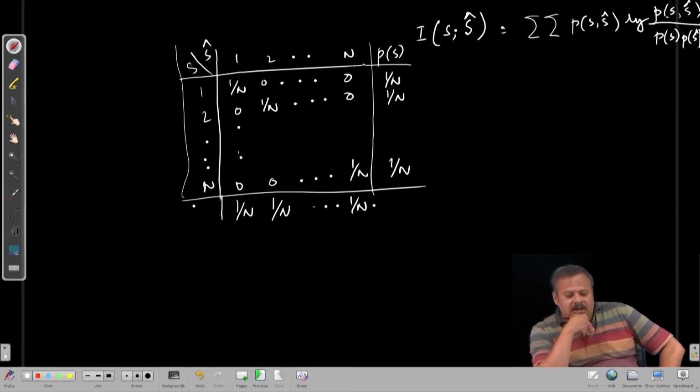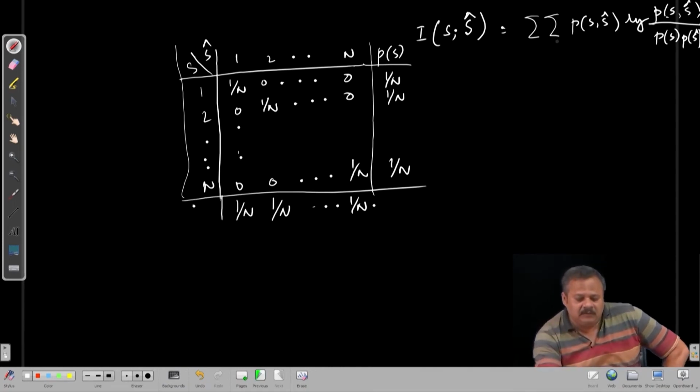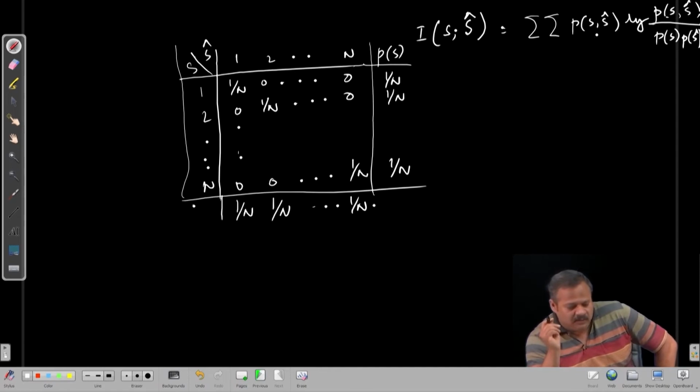So, in this summation, for each pair, we will have only one value that is non-zero, and that is when S and S hat take on the same values. So, we will essentially have capital N equal values.